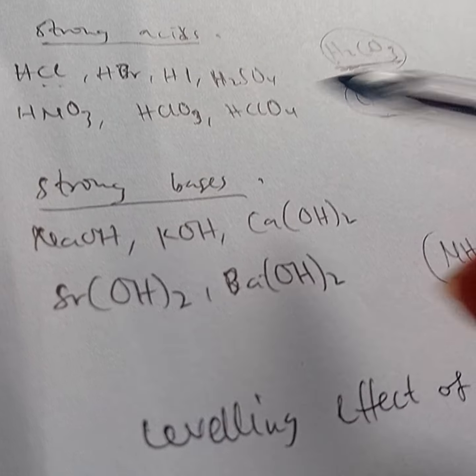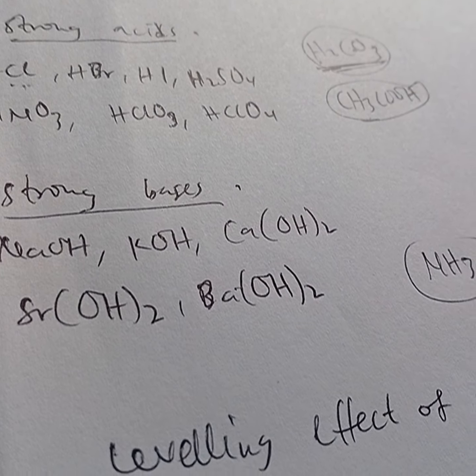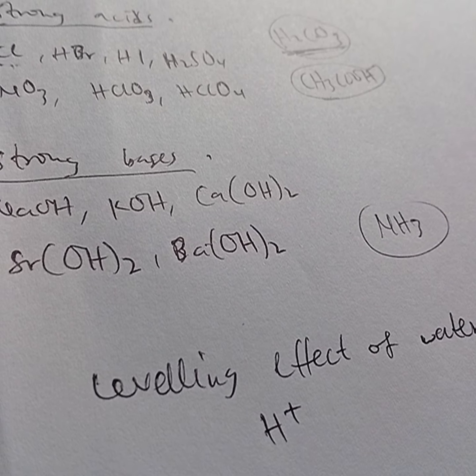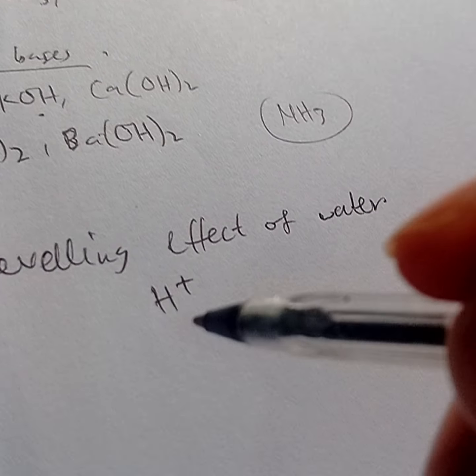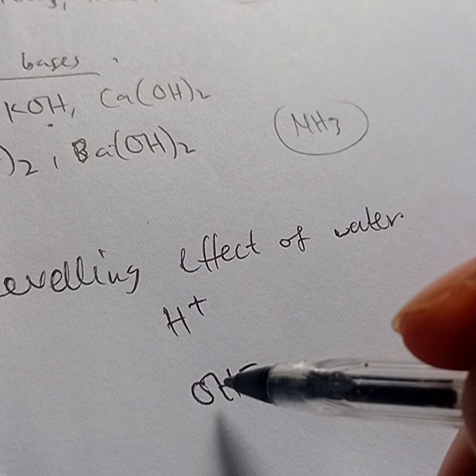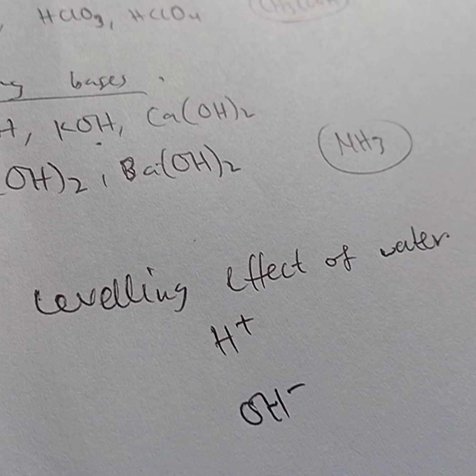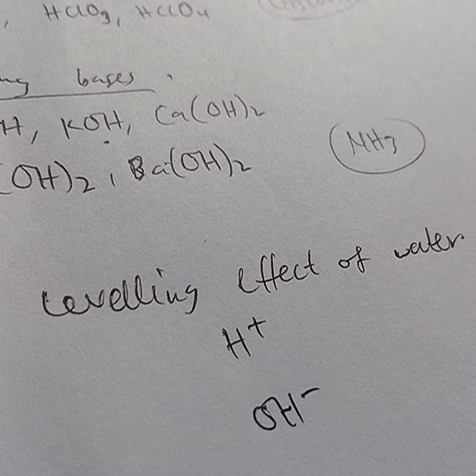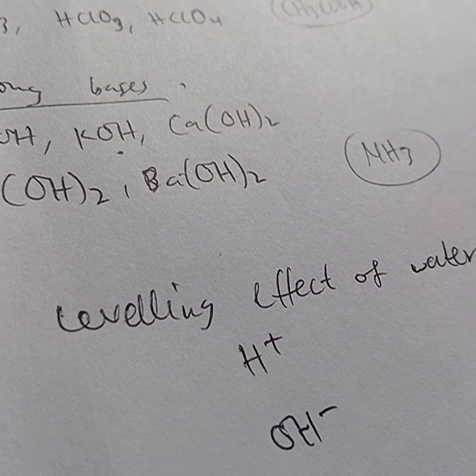One is strong, one is weak, but in water they all exist as H plus. This is what we call the leveling effect of water. No matter how strong you are, no matter how weak you are, in water you all are the same.